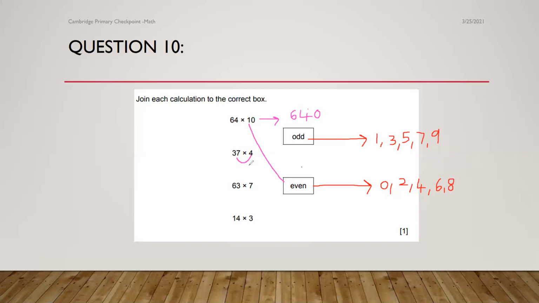So 7 times 4, it's 28. 8 means it's an even number. 7 times 3, it's 21. 21 means 1, it's an odd number. 4 times 3, it's 12. 12 means my last digit is 2, therefore it is an even number. So that is how we identify. You don't want to multiply the whole thing. Don't waste your time to multiply the whole thing. Just you multiply the last 2 digits and identify the last digit. With that, you can see whether it's an odd number or an even number, right?